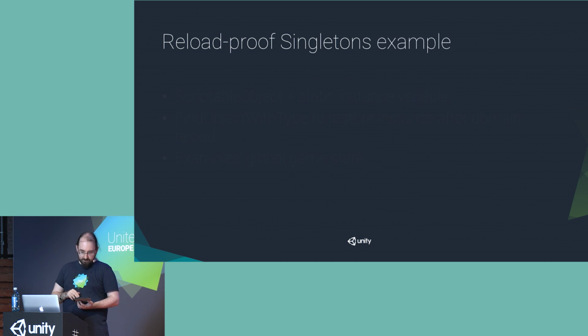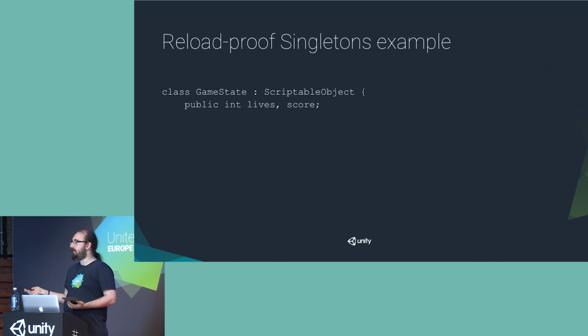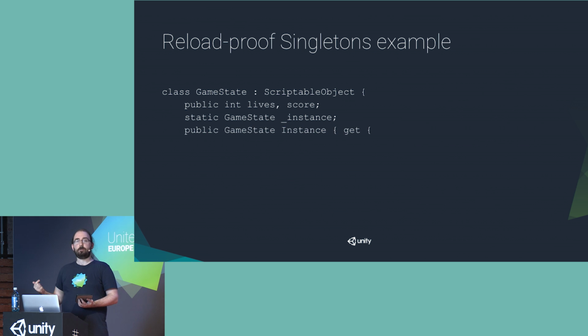So a little example of this. What does it look like? So we start by declaring a class, GameState, it's a Scriptable object. We have a couple of variables in there. They're going to be serialized. And we have a static GameState instance variable that's private. We use a public instance property to wrap around that.